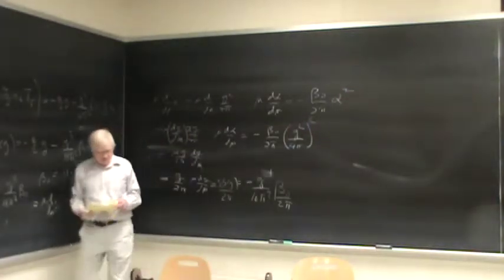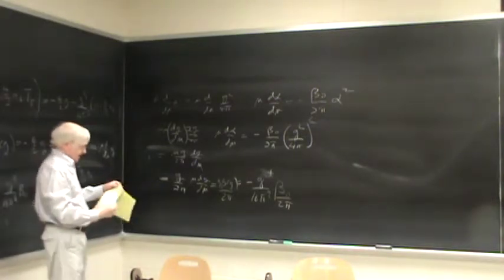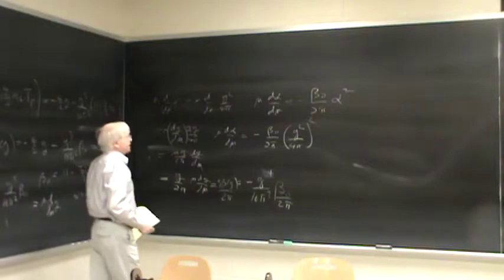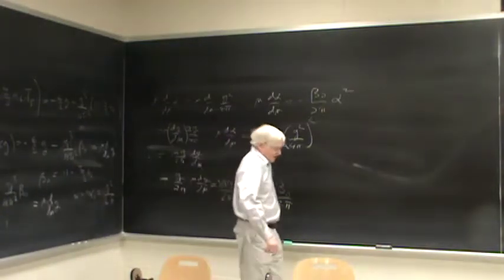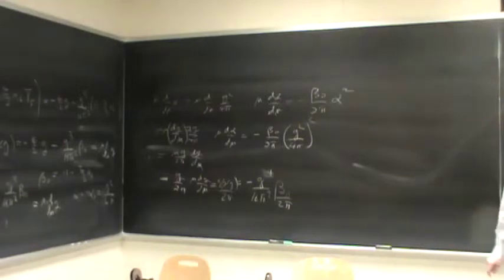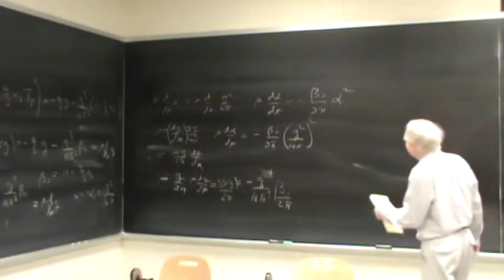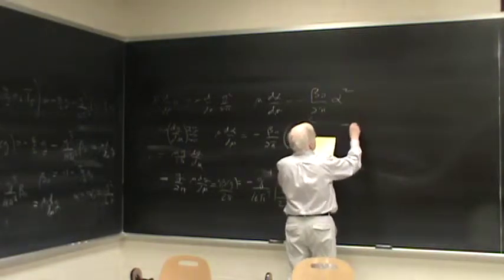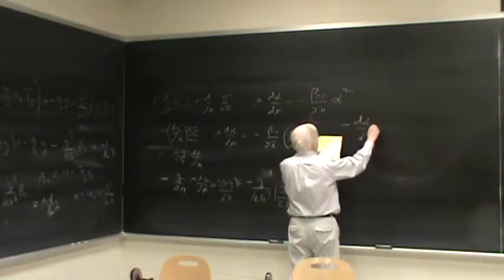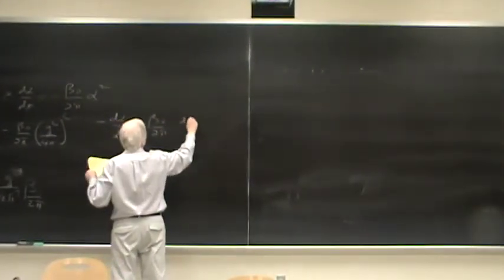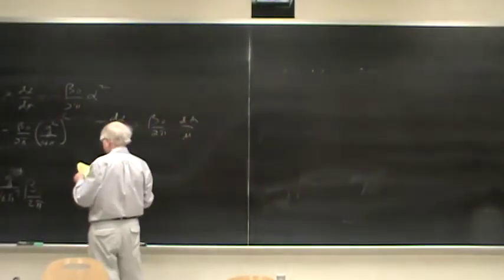So that's the equation that we want to integrate at epsilon equal to 0. And of course, this is a first order differential equation. We can always solve first order differential equations. And so what we do is we say minus d alpha over alpha squared is beta 0 over 2 pi d mu over mu.